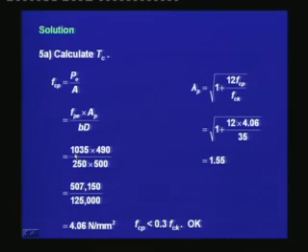Substituting FPE equal to 1035 Newton per millimeter square, AP equal to 490 millimeter square, B and D are 250 and 500 millimeters respectively. We find that PE is equal to 507,150 newtons and A is 125,000 millimeter square. Thus, the average pre-stress in the concrete is equal to 4.06 Newton per millimeter square.